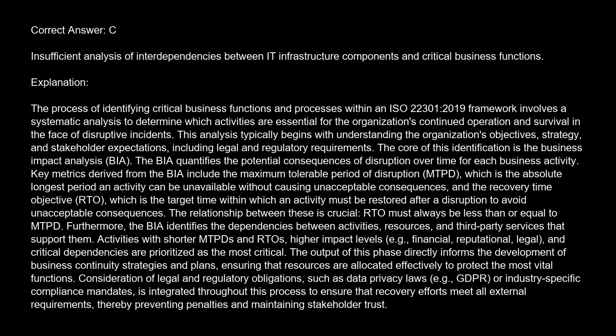Consideration of legal and regulatory obligations, such as data privacy laws, e.g. GDPR, or industry-specific compliance mandates, is integrated throughout this process to ensure that recovery efforts meet all external requirements, thereby preventing penalties and maintaining stakeholder trust.